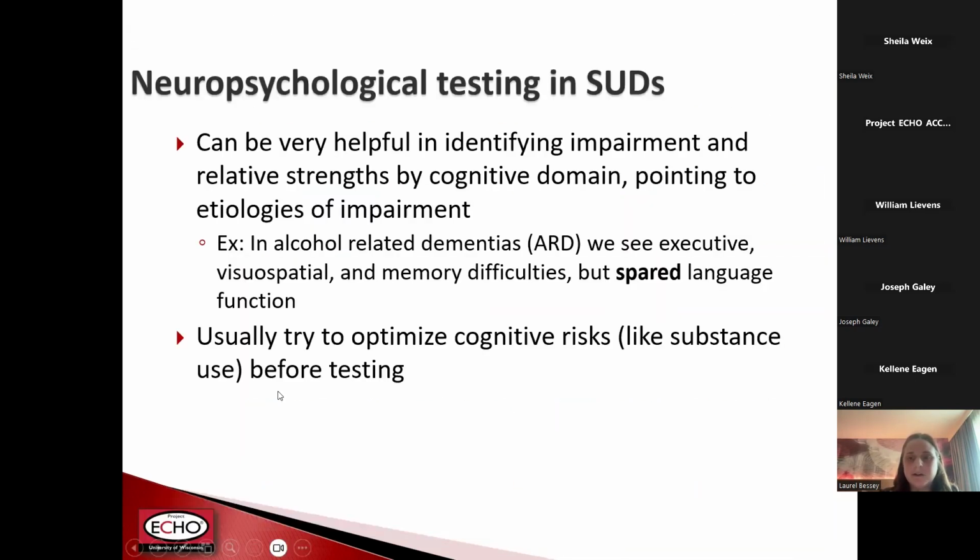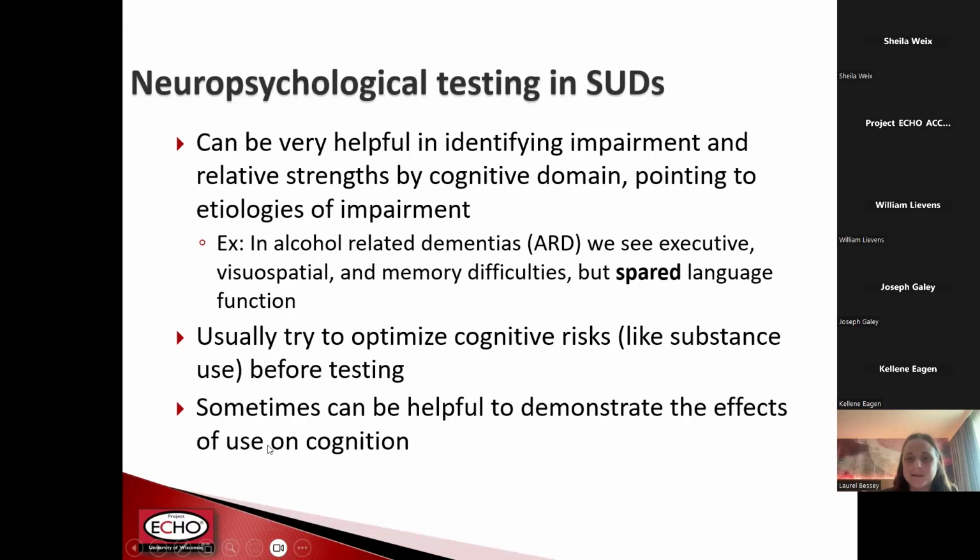Just something about neuropsychological testing and substance use disorders. A lot of times when we refer people for cognitive issues, for neuropsychological testing, we try to optimize cognitive risks such as substance use before testing. Nonetheless, even if someone is using substances, this can be helpful in identifying impairment, and the pattern that we see on the neuropsychological testing can sometimes be helpful in pointing to an etiology of impairment.